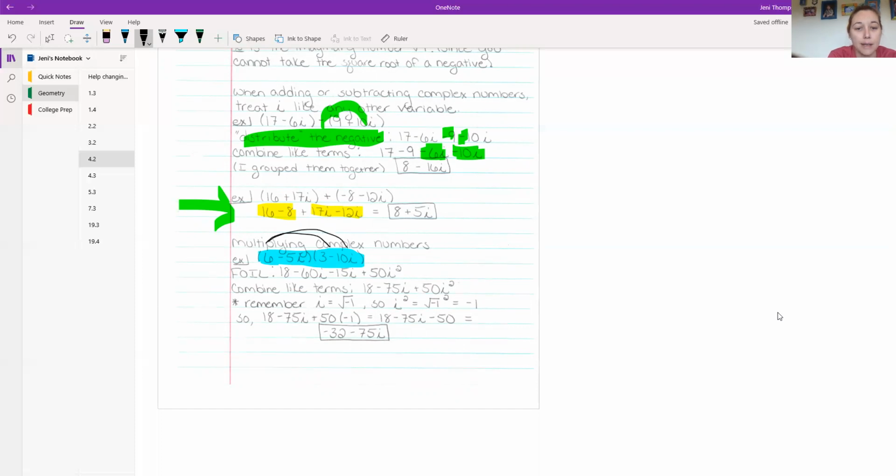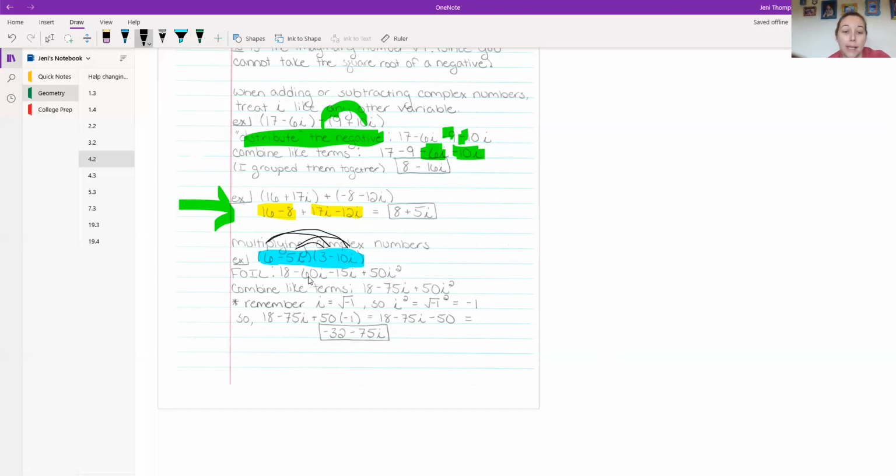Outer, 6 times -10i gives us -60i. Inner, -5i times 3 gives us -15i. And then last, -5i times -10i gives us 50i squared.